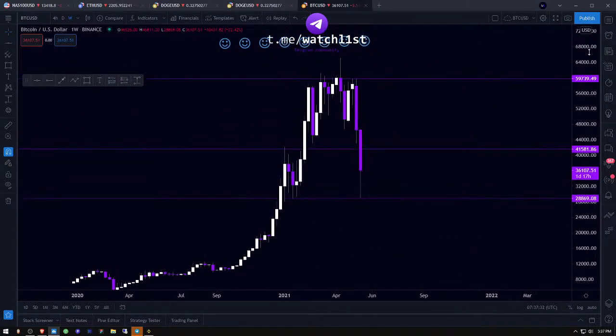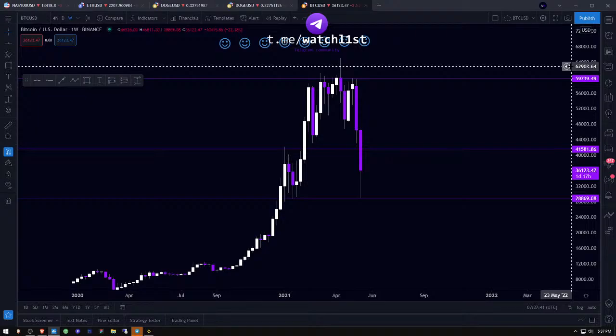And this chart doesn't look too difficult to read, right? Especially on weekly. As I said, the higher time frame you go, the easier it is to visually see price on the chart. So it's not at all difficult to get a generalized gist of what the market has done, or what the price has done.